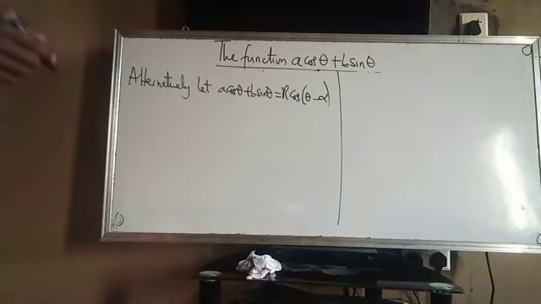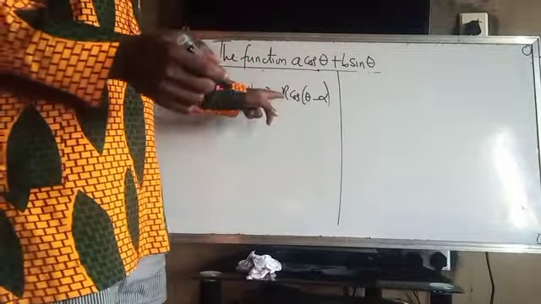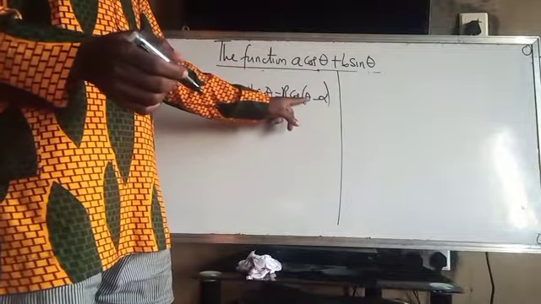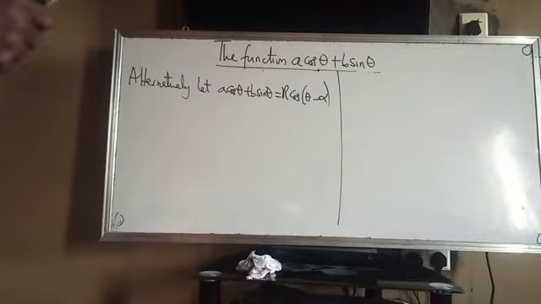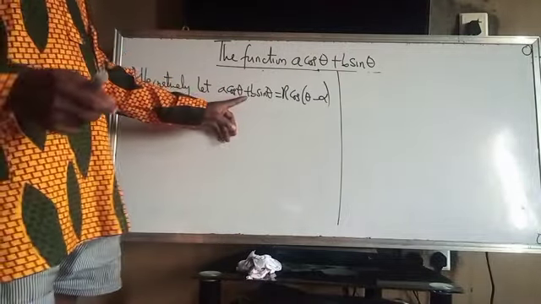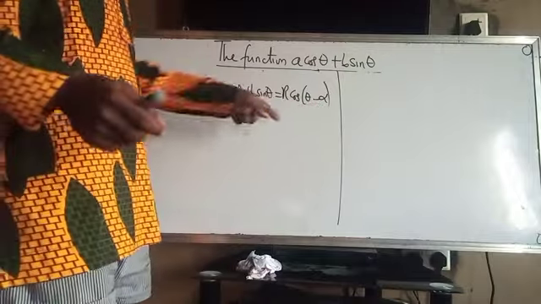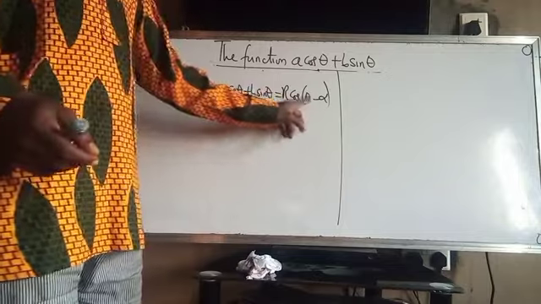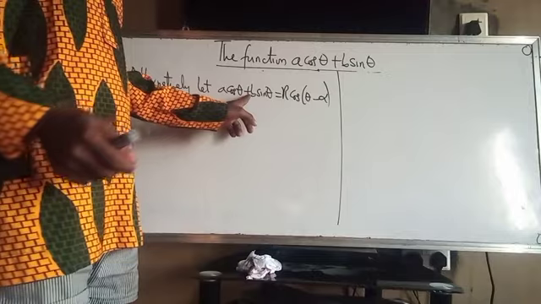In the previous illustration, we used r sine theta plus alpha. Why don't I use plus here? The secret is that I want to retain my positive sign here. And if I expand cos theta minus alpha, it gives me a positive sign. If I put plus there, it will change this one to negative, and the evaluation will not conform with this.